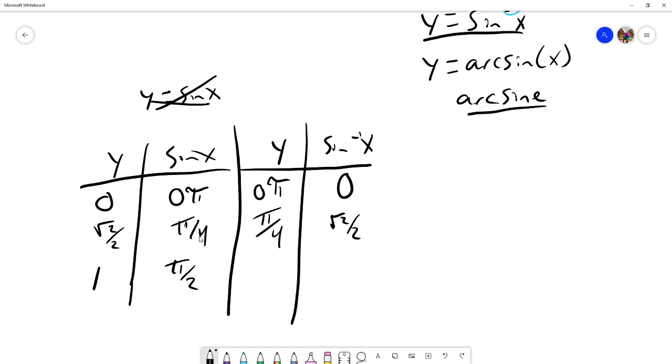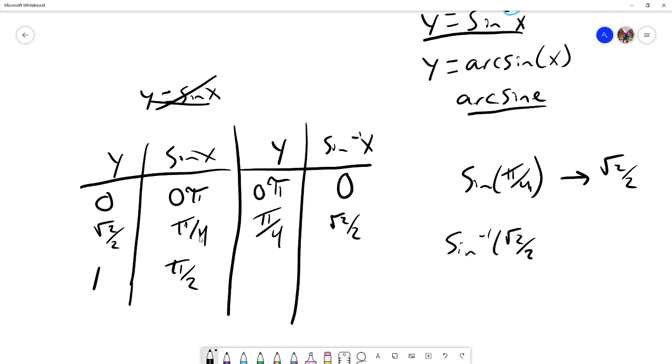So just like last time, when we have our normal sine function, we plug in our angle and we get out square root 2 over 2. Now for the inverse sine function, for arcsine, we are plugging in the output and we are getting out the angle.